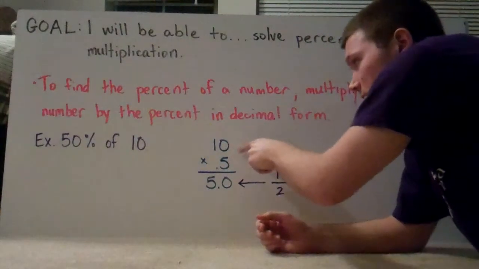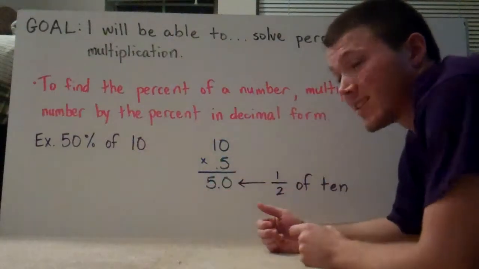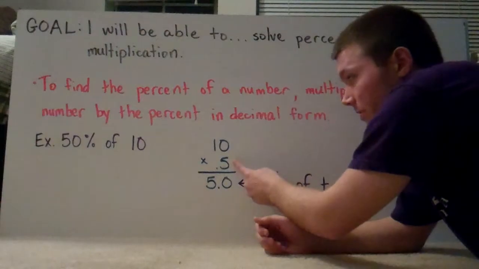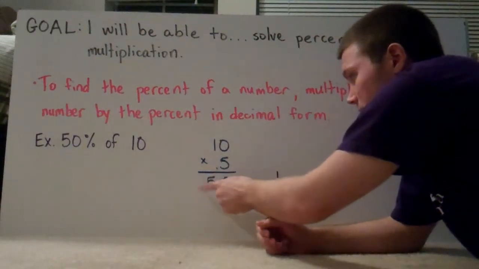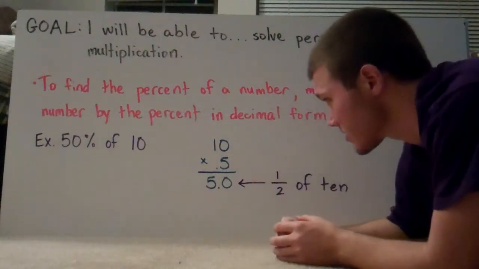If I take 10, my number, multiply it by 50% in decimal form, which is 0.50 or just 0.5, I multiply it out. 5 times 0 is 0, 5 times 1 is 5, 1 decimal place in the problem, so there's 1 decimal place in the answer.